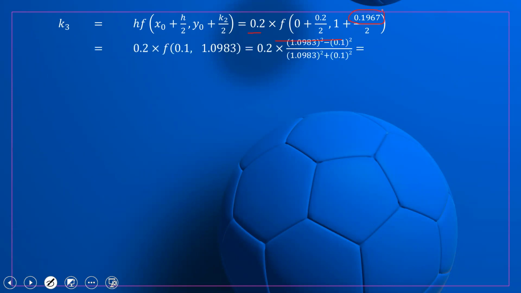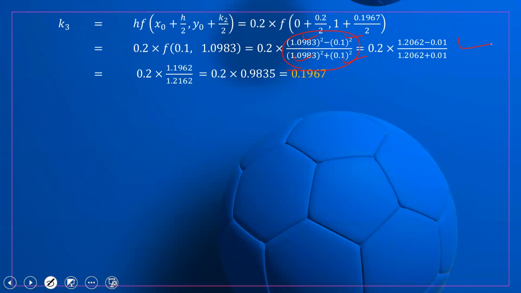So it is 0.2 into f of 0.1 and, dividing, 1.0983. Again here this is our x and this is our y, so y square minus x square divided by y square plus x square. If we simplify this part, finally we have the answer 0.1967.